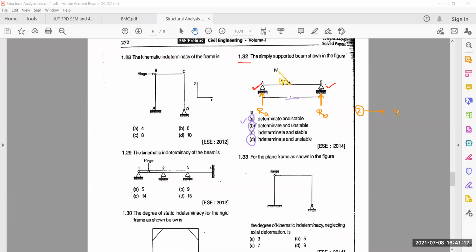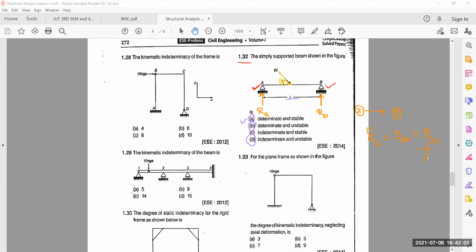For this beam, the DSI of the beam is generally 0, but the DSE of the beam is calculated as the number of reactions minus equilibrium equations. So here DS is equal to DSE plus DSI.